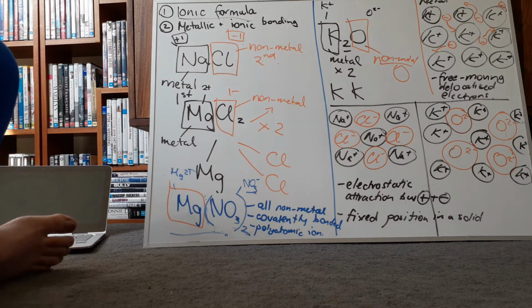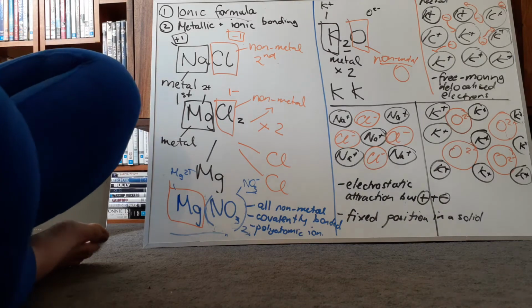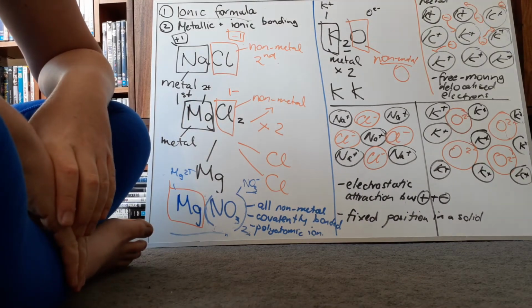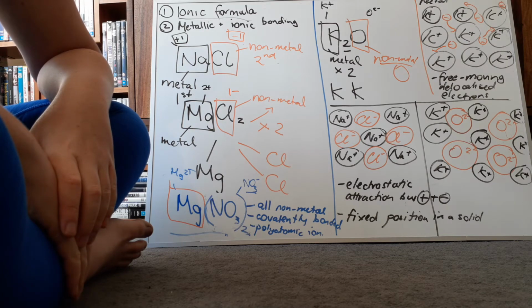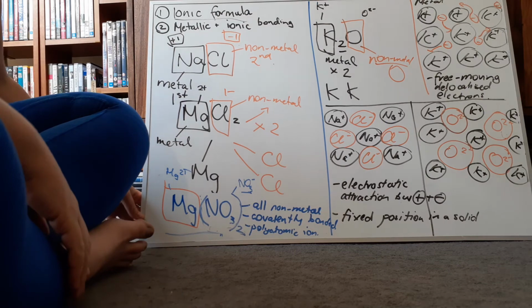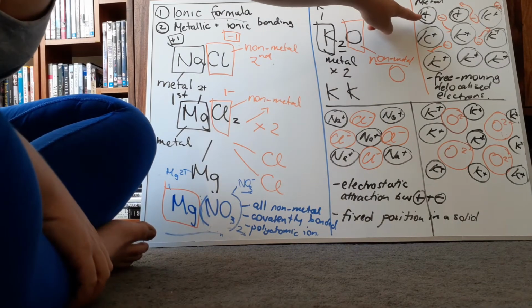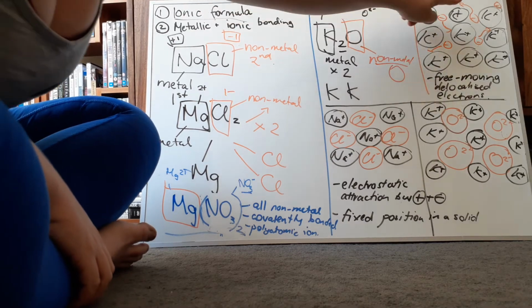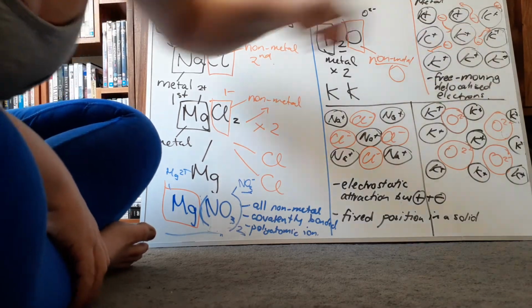The second question, again, had to do with the structure of the particular lattices between a metal and your ionic structure. So if we look at the differences, we have the metal over here with potassium. The potassium ions are all in a fixed position.